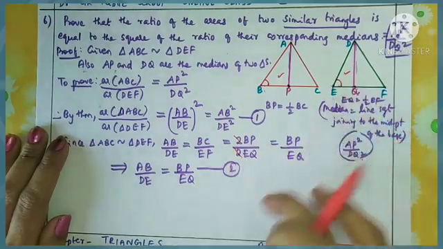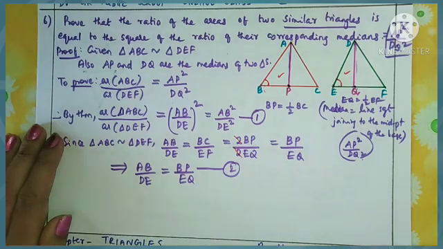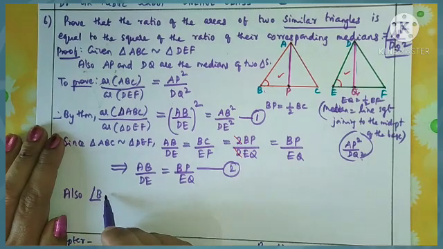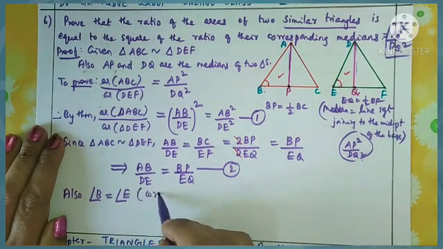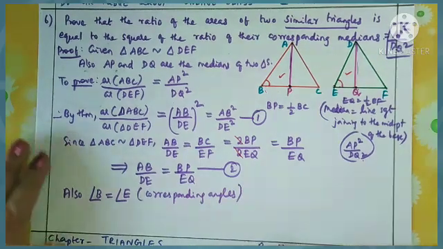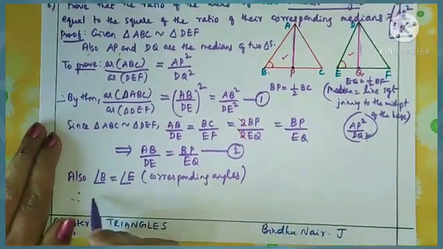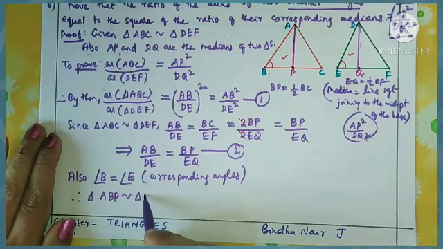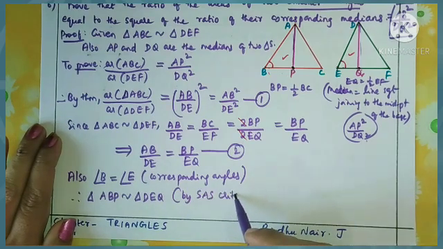We are doing this to get our required answer. Also, angle B is correspondingly equal to angle E, so they are corresponding angles. Therefore triangle ABP is similar to triangle DEQ by SAS criterion.